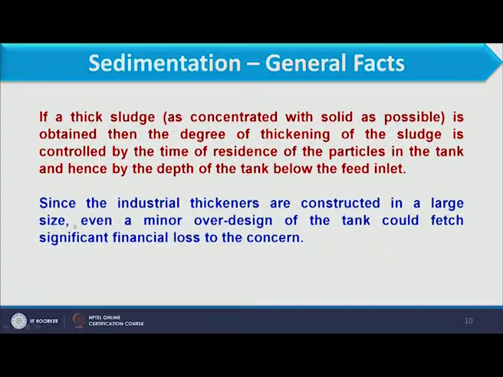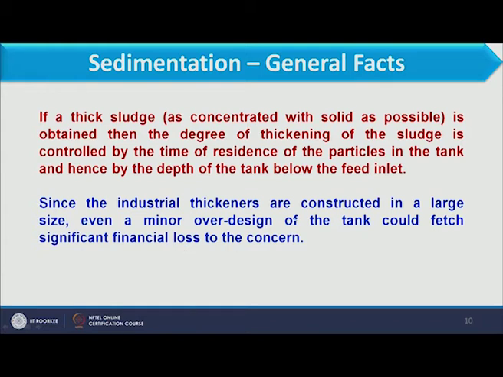So as far as sedimentation is concerned, there are two design factors. First is its diameter, on which the clarified liquid capacity depends, and the thick sludge production capacity will depend upon the height of the tank. Since industrial thickeners are constructed in large size, even a minor over design of the tank could fetch significant financial losses to the concerned.